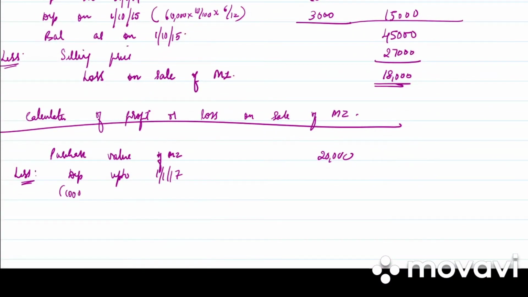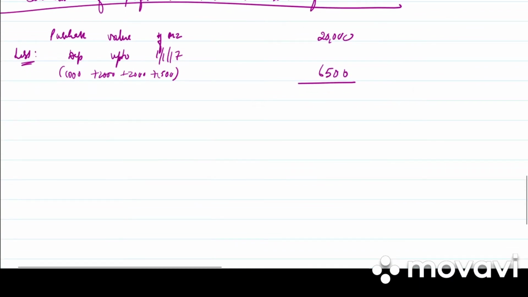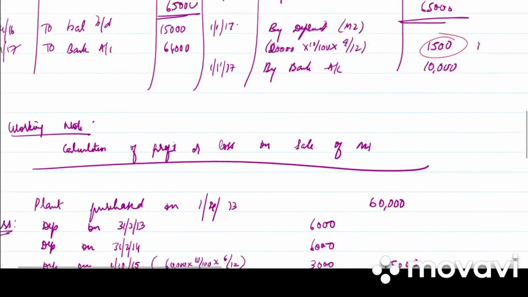So 1,000 plus 2,000 plus 2,000 plus 1,500 is 6,500. 20,000 minus 6,500, we get 13,500 less selling price, 10,000. So we get 3,500, that is loss on sale of plant and machinery 2.